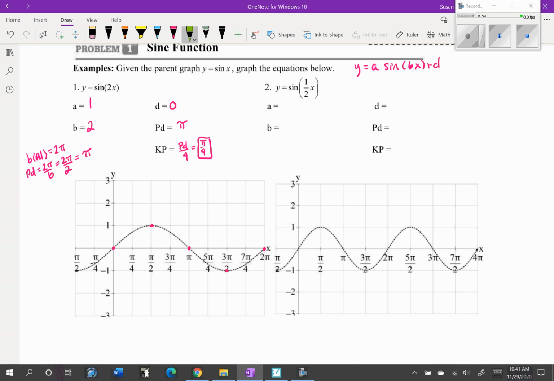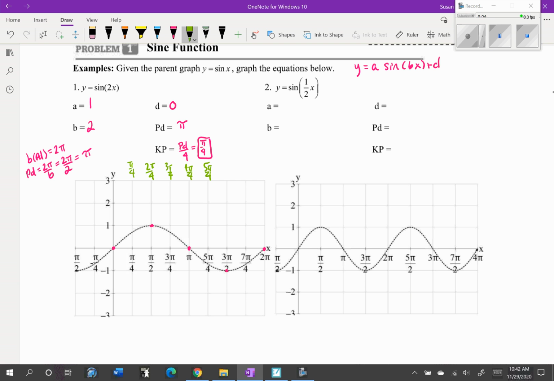So for this, I'm going to be using my key points of pi over 4, which are already written on there for you. So 1 pi over 4, this is 2 pi over 4, which reduces into pi over 2, 3 pi over 4, 4 pi over 4, 5 pi over 4. So you can see that they're already on the x-axis for you for this equation.